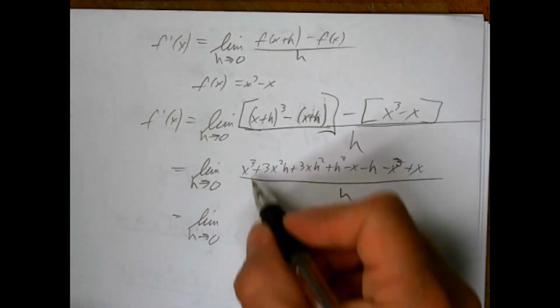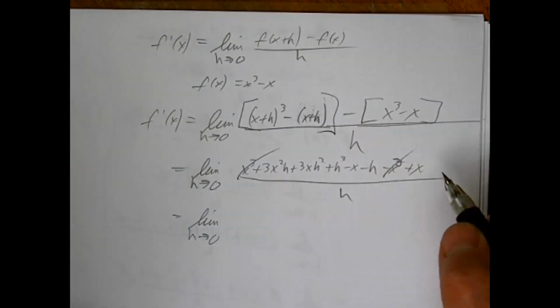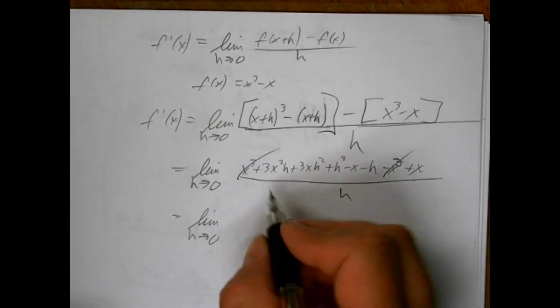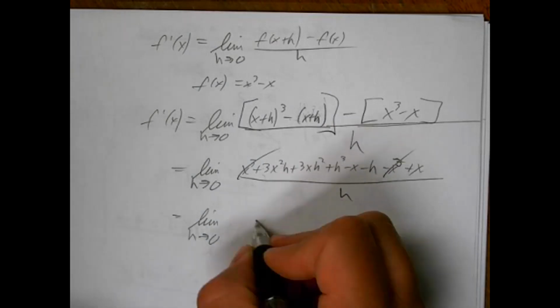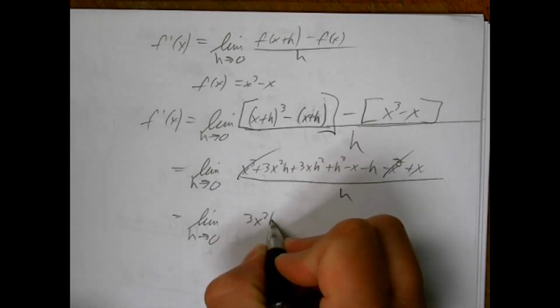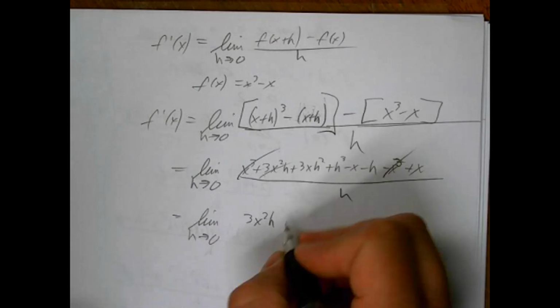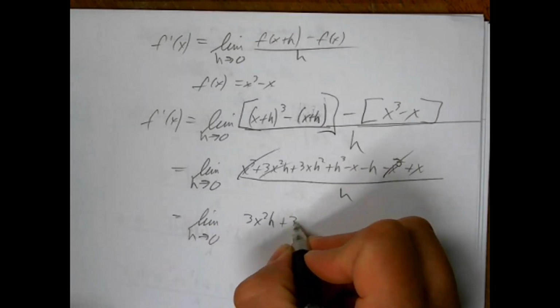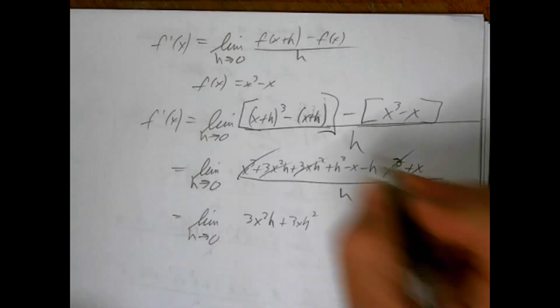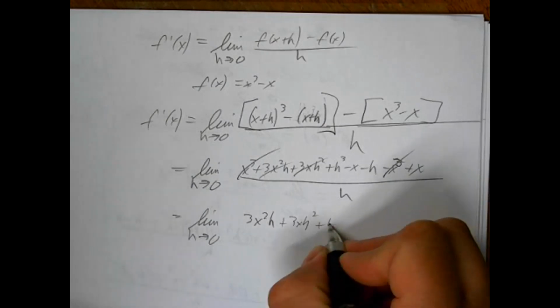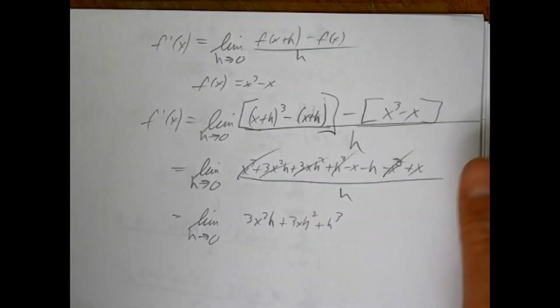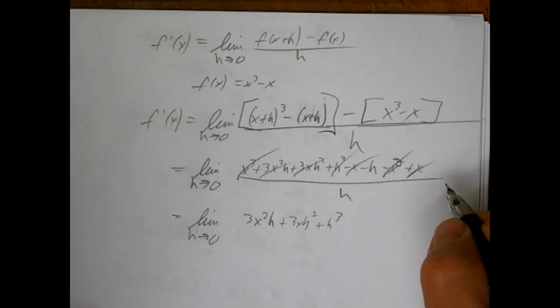So what's going to happen? X cubed is going to cancel x cubed real quickly there. 3x squared h. There are no other x squared h's. So that's taken care of. Plus a 3xh squared. There are no others. Plus an h cubed. There are no others. Minus x plus an x, that cancels.